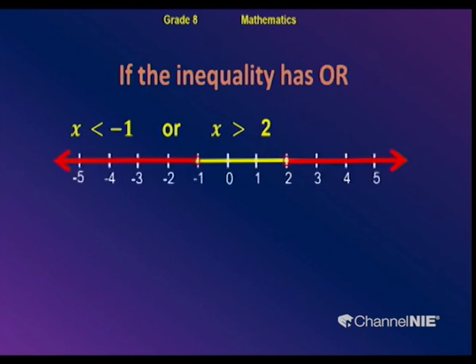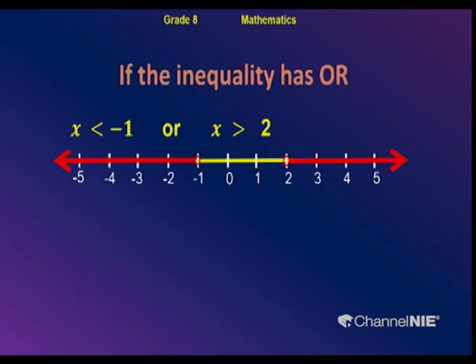For x less than minus 1, find minus 1, draw an open circle, and color the left side from minus 1. For x greater than 2, mark an open circle at number 2 and color the right side from number 2.